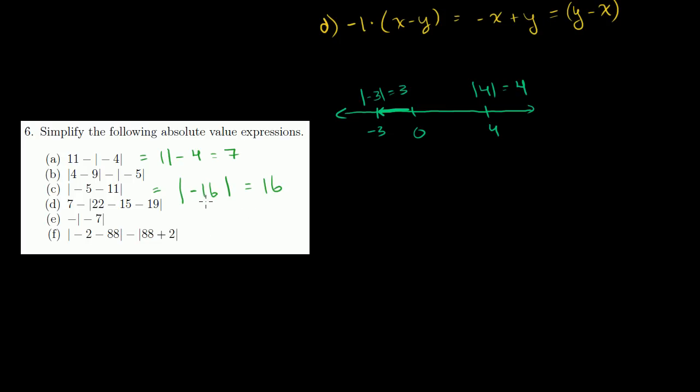It's 16 to the left of 0. You can just get rid of its sign. And then finally, let's do part E. The negative of the absolute value of negative 7: the absolute value of negative 7 is just 7, so it's equal to negative 7. Anyway, hopefully you found that useful.